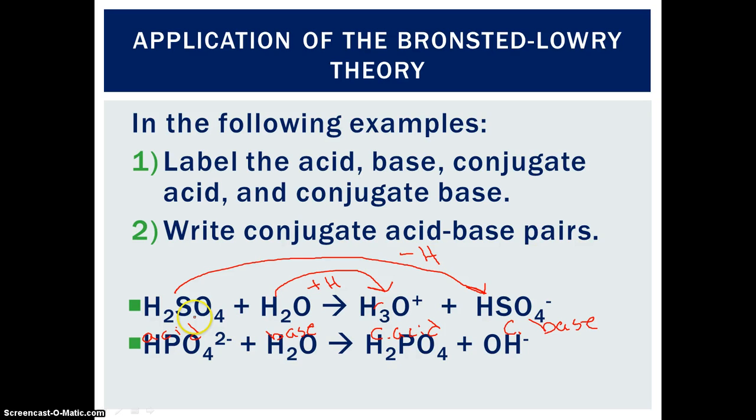Let's do one more. I have HPO4 2-, follow the PO4. 1 H there, 2 H's there. I'm gaining an H. Gaining an H makes that a base. Accepting, gaining. Water, follow the O's. 2 hydrogens, 1 hydrogen.